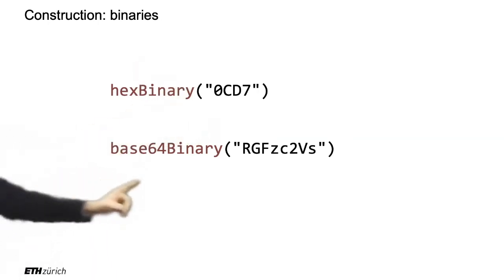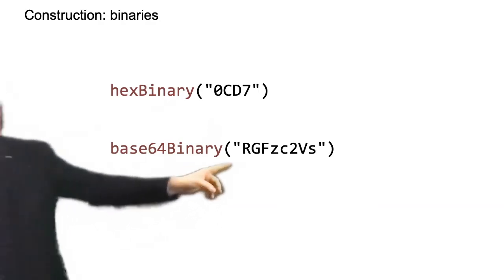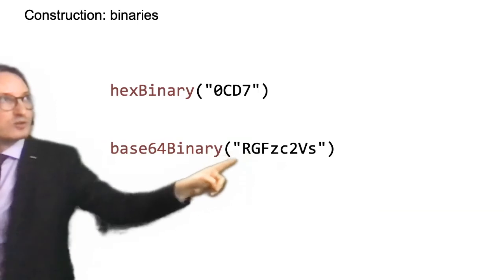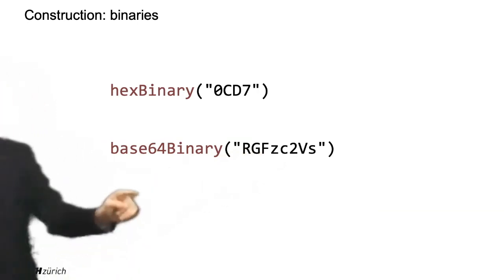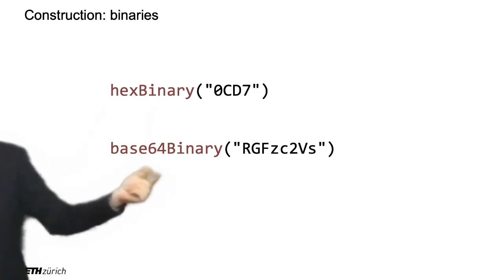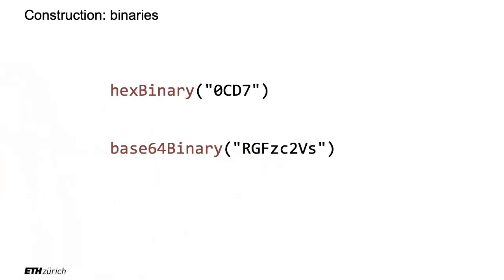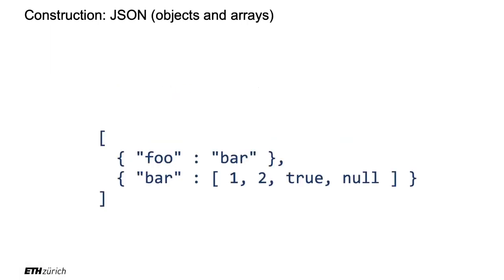Or base 64, which you might know is used over the web a lot to put images in HTML pages. So this is just a base 64 encoding. Actually base 64 is just like base 16, it's really literally a base 64 encoding where these are digits of the base 64. Okay.